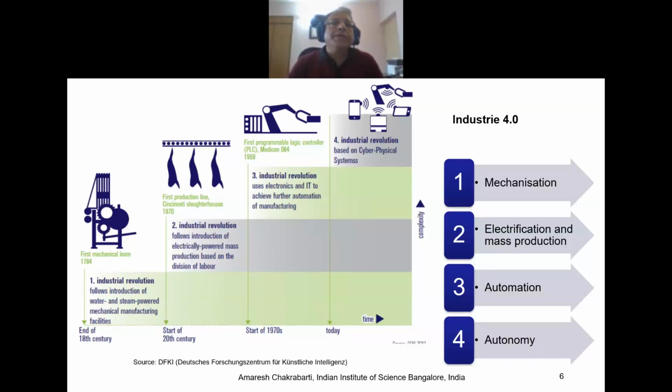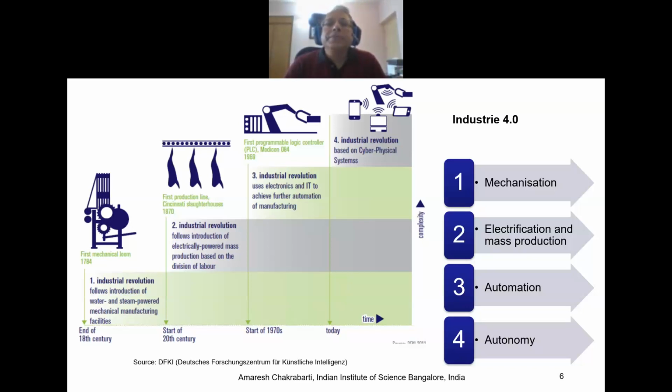Further down in the 70s, computers and electronics were introduced, bringing in individual automation in manufacturing. And what we are talking about today is a transformation from automation to autonomy, riding on the revolution in information technology, artificial intelligence, and so on.